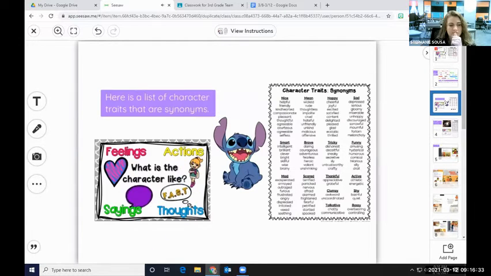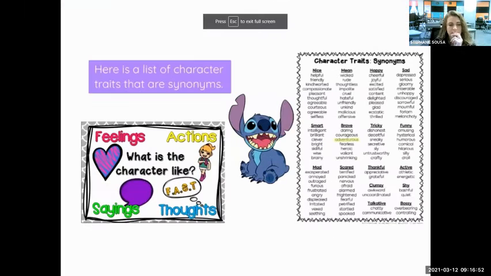I'm going to focus first on actions because I find it to be the easiest. One action that I would say that he has is I would say that Stitch is very adventurous. He is always doing things and exploring and kind of getting into trouble, but still not afraid of them.